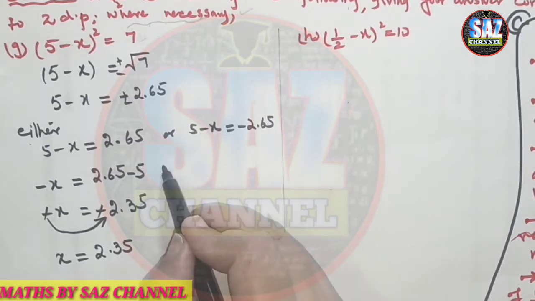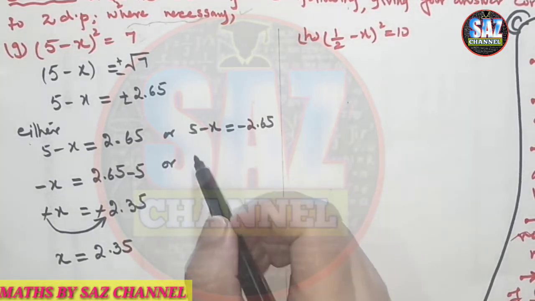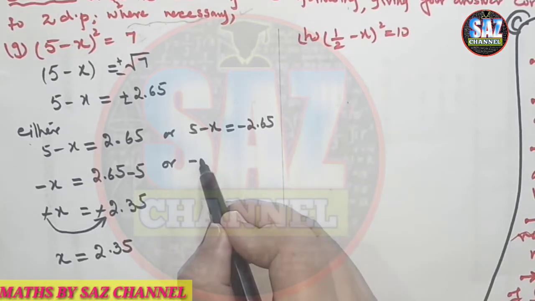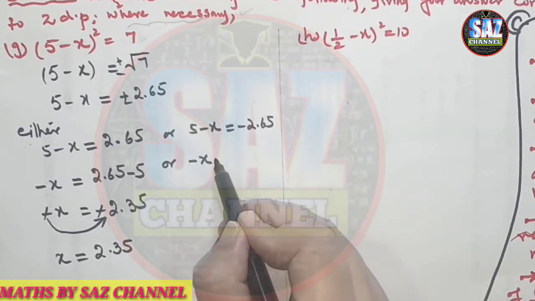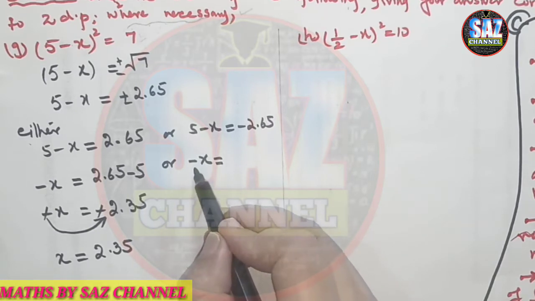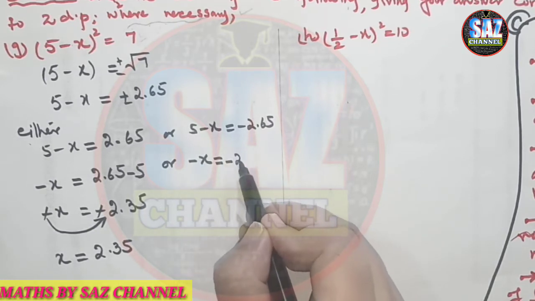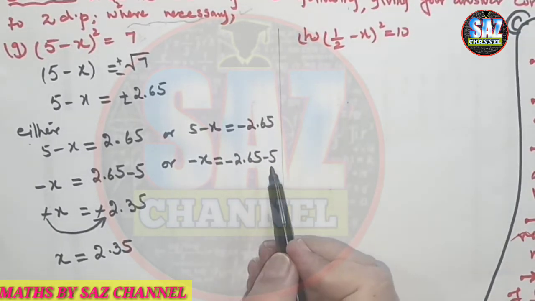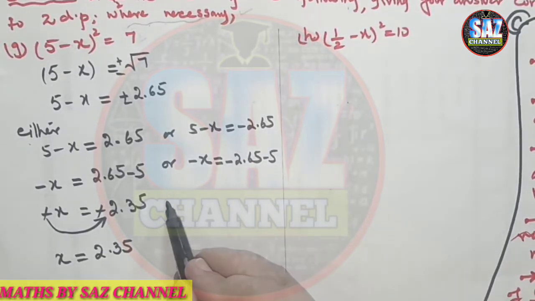Coming to the other part of the question, again 5 minus x equals minus 2.65. Shift this 5 to the other side. By changing the sign, I will have minus x equals minus 2.65 minus 5. Now 5 is a whole number and 2 is a whole number.